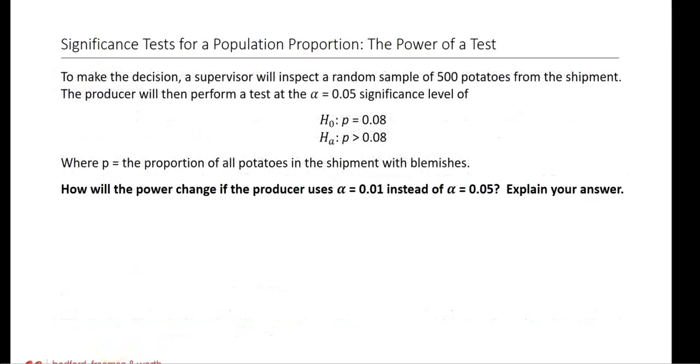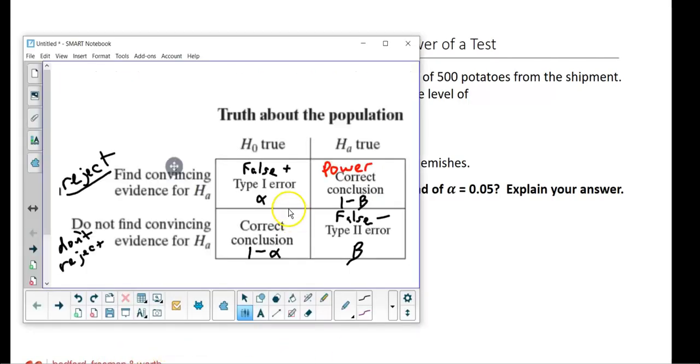How will the power change if the producer uses an alpha level of 1% instead of 5%? So the alpha level goes down. When alpha decreases, type 1 error decreases, and type 2 is going to increase. If type 2 goes from, I don't know, 3 to 7% or something, then power will decrease.